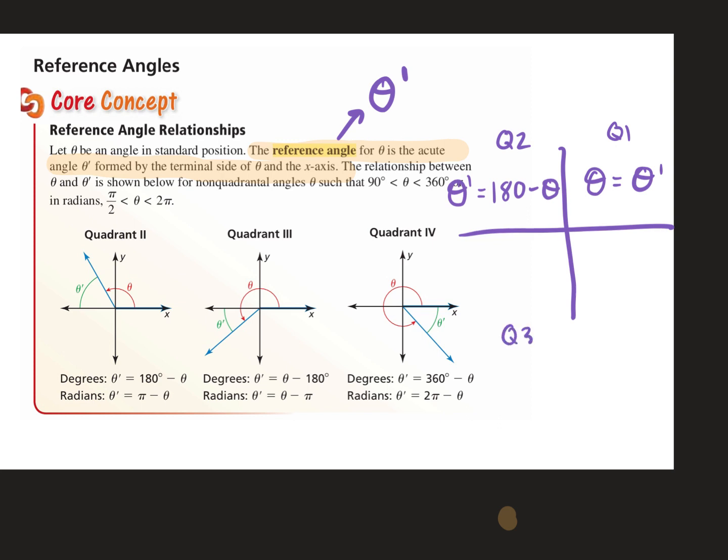For quadrant 3, our reference angle would be theta minus 180. And then if we're in quadrant 4, our reference angle would be 360 minus theta. So depending on which quadrant you're in, you use a different formula. Your reference angle is always going to be acute. What does acute mean? Less than 90.